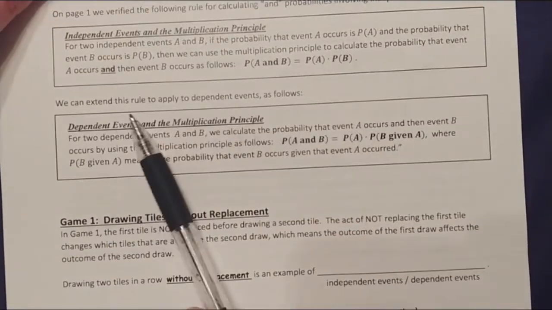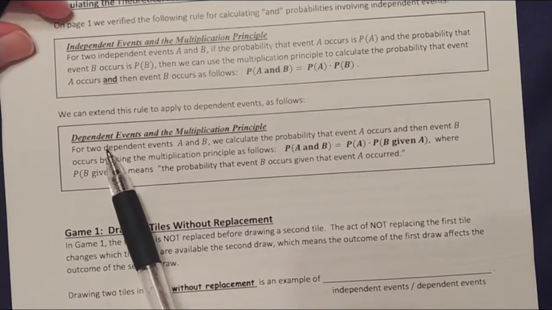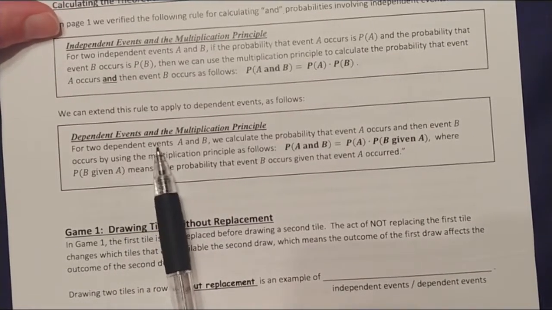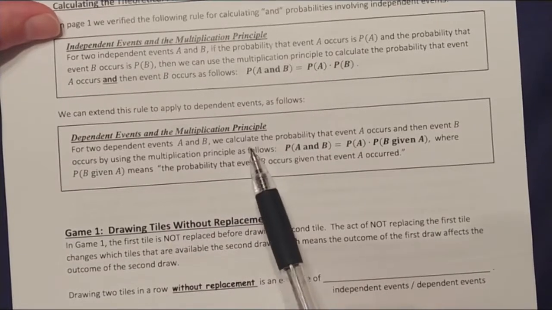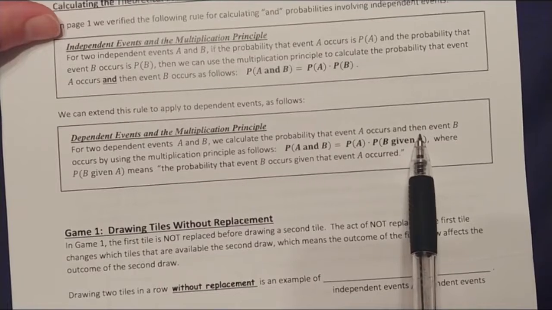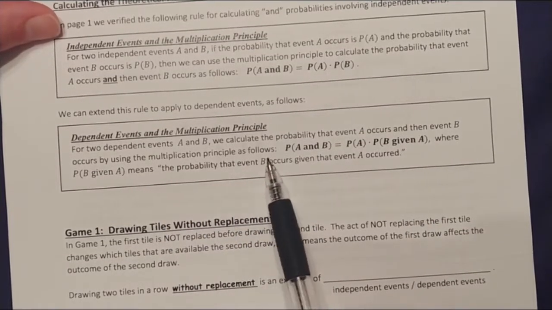Now, we can extend this rule to apply to dependent events as follows. So dependent events and the multiplication principle. For two dependent events, A and B, we calculate the probability that event A occurs and then event B occurs by using the multiplication principle as follows.